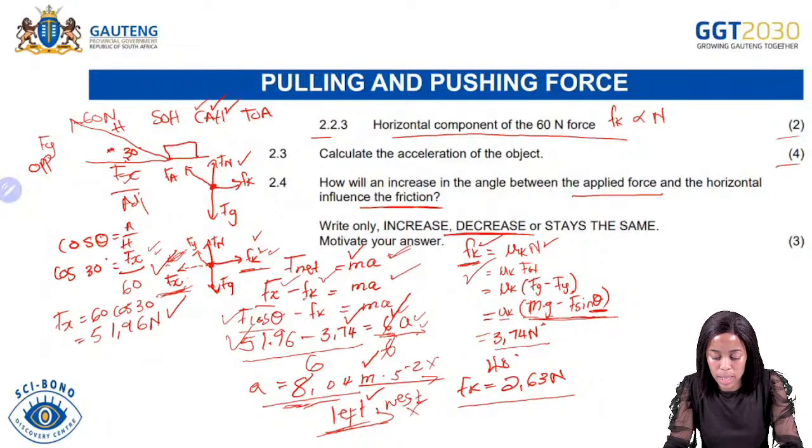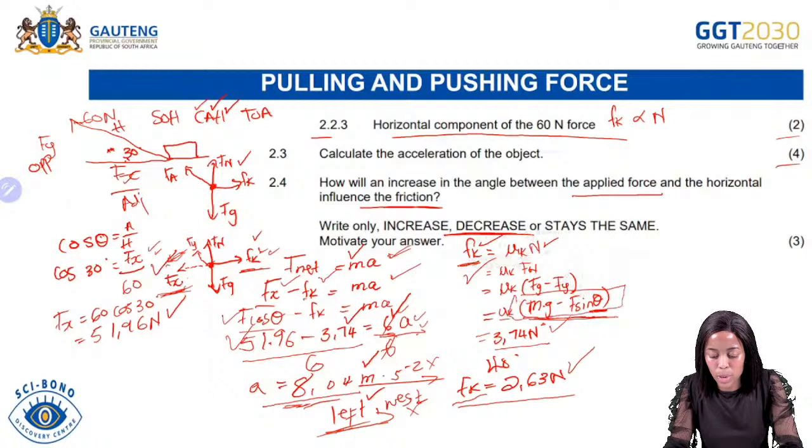So to answer that, the first thing is what will happen if you increase the angle? I'm repeating, if you increase the angle from 30 to 40 degrees, the kinetic friction is going to decrease. And then you go back to this formula and ask, what do we know about the relationship between the kinetic friction and the normal force?